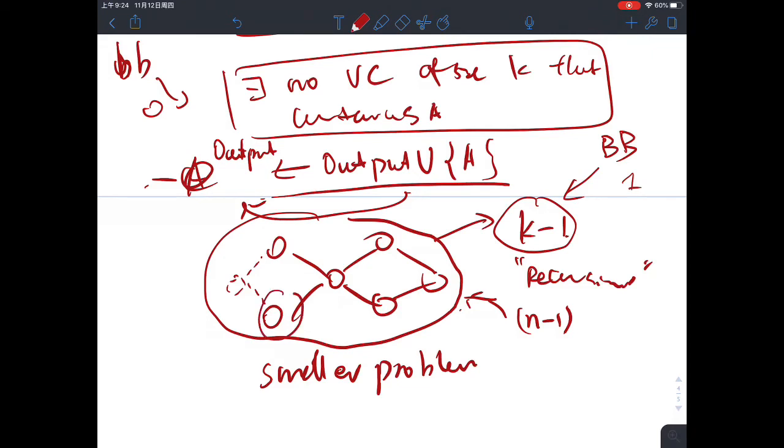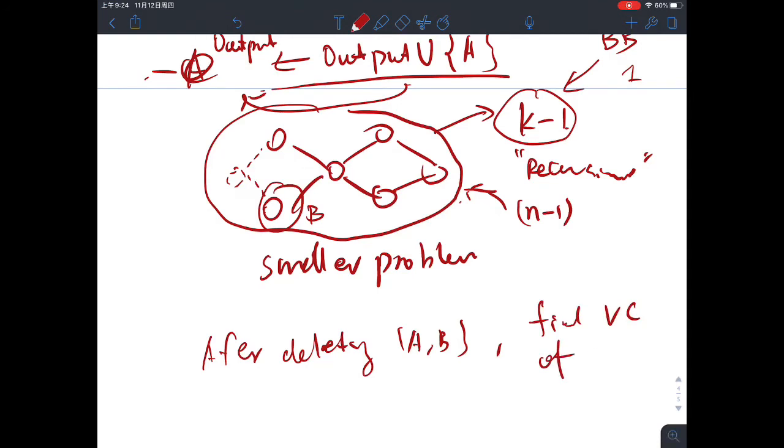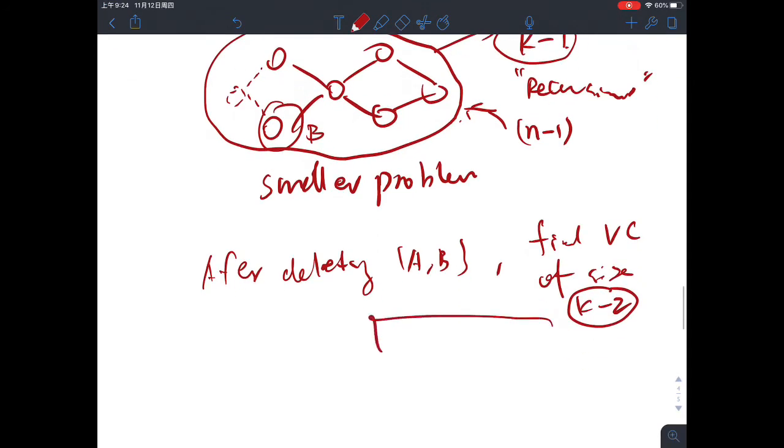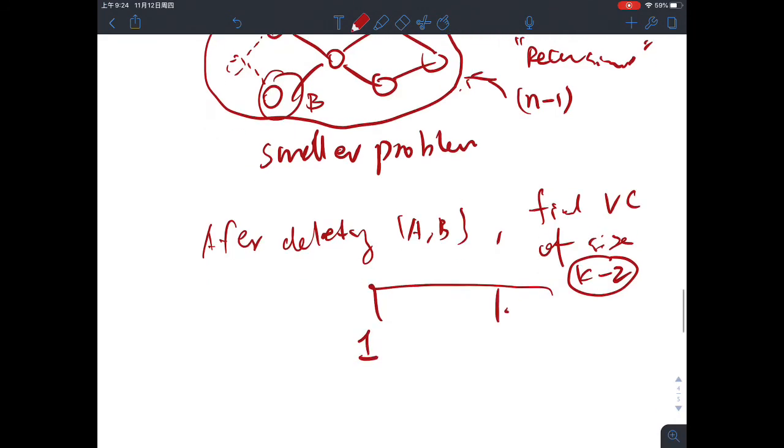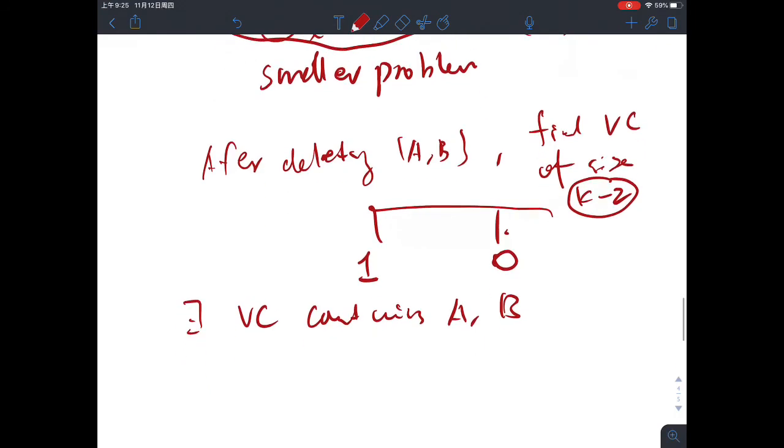We can pick an arbitrary node, call it B, and ask again: after deleting A and B together, can I still find a vertex cover of size k minus 2? In case it answers yes, then that means there exists a vertex cover that contains A and B. In case it answers no, I just move to C and ask the same question.